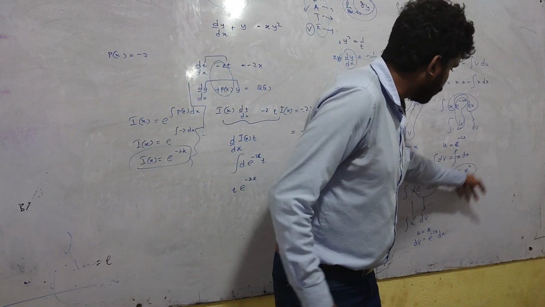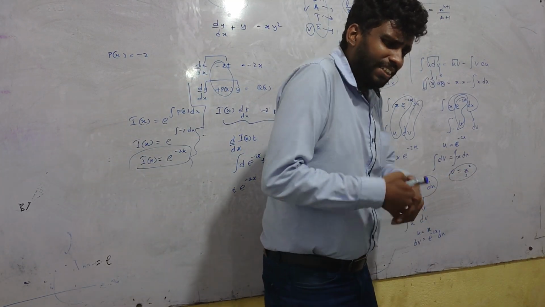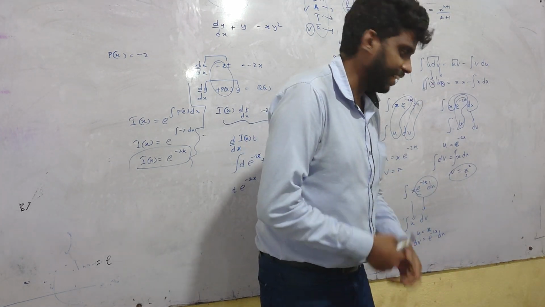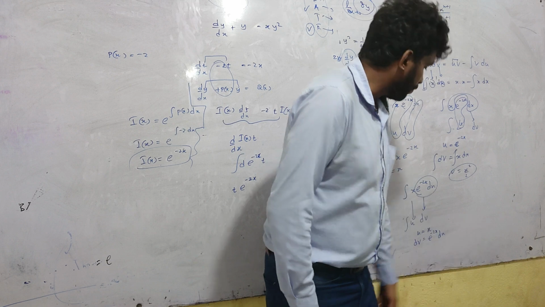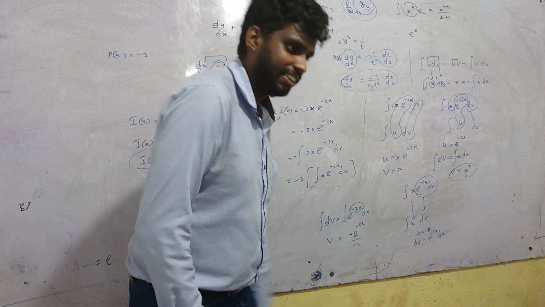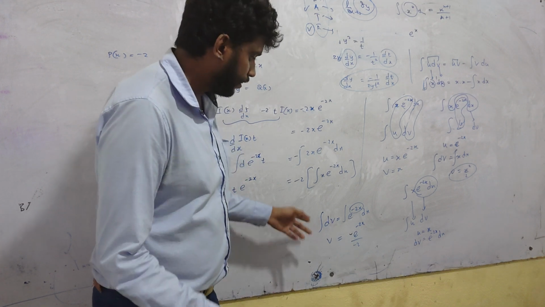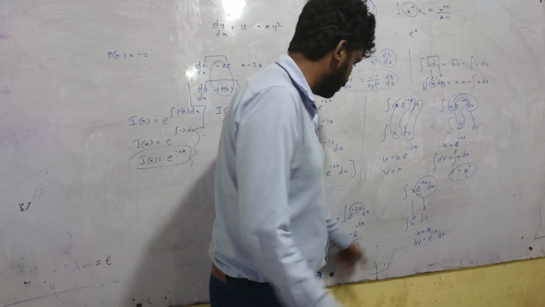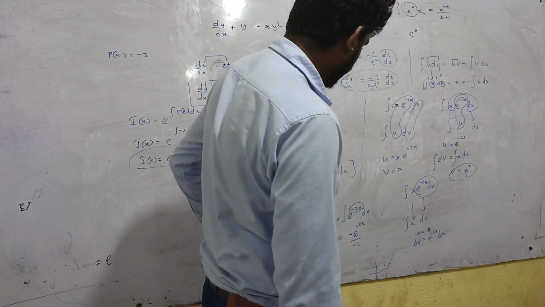But here, this form x squared over 2 is going to be complicated further, right, when you go this way. And here, this v is e to the power minus 2x over minus 2. It's complicated now, right? Alright, we'll go through this combination.